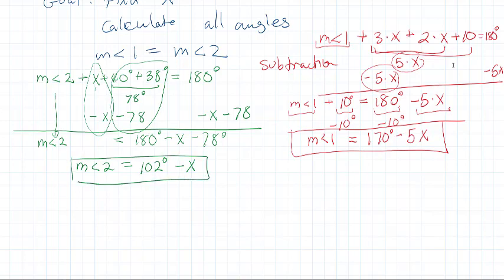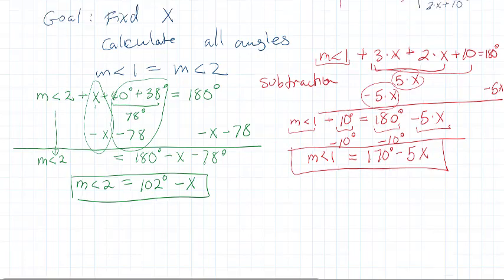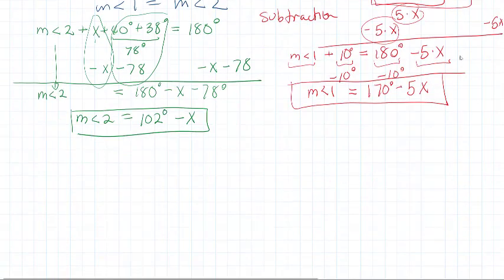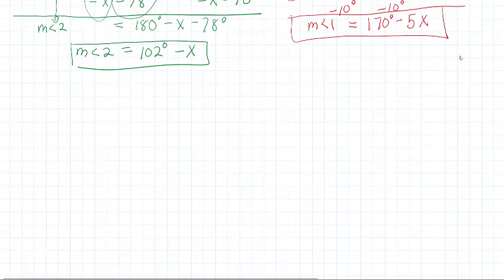Okay, so now we have the values for both our angles, and what we know is that both of them are equal. So I'll remind you, but let's go back up and look at this. Remember that angle 1 and angle 2 are both vertical pairs, and therefore they are equal. So let's go back down here and use that information.